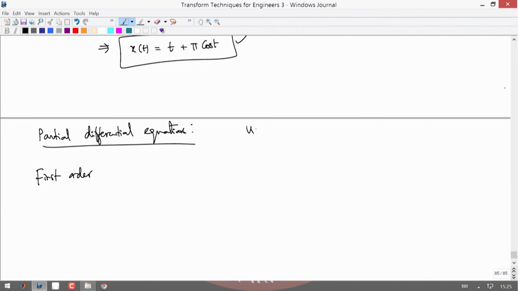You have a dependent variable of two or more independent variables. You should have more than one independent variable, x and t are independent variables and only one dependent variable.